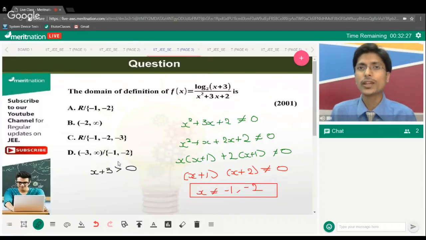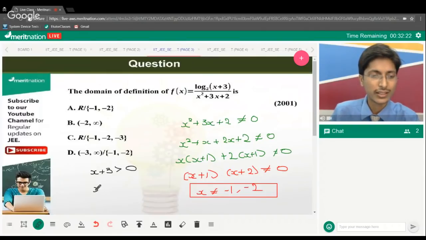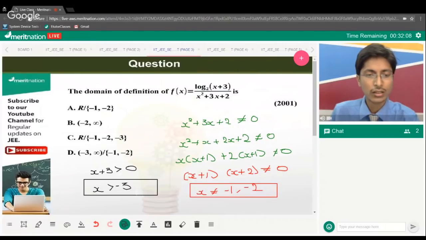Plus 3, moving it to the right hand side, we'll be having x is greater than -3. Okay, if we have x is greater than -3, so this is also one thing which is to be taken into account. Now combining these two, x is from -3 to infinity, and we do not have -1 and -2.